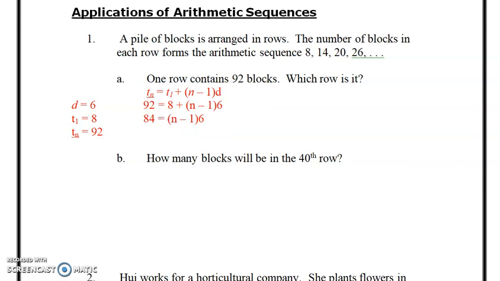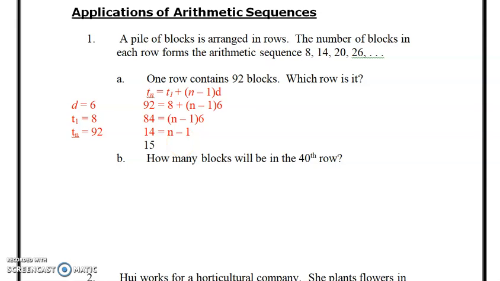So 84 divided by 6 would give me 14. Sorry about that, I'm just getting used to the mic. We had an interruption there, a knock on the door. So I'll continue here. I divided 84 by 6, so it just leaves me with n minus 1. Then I can just add the 1 to both sides.